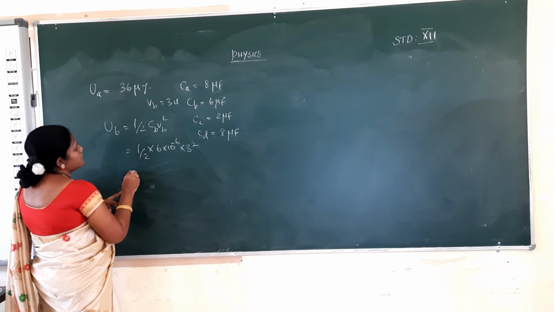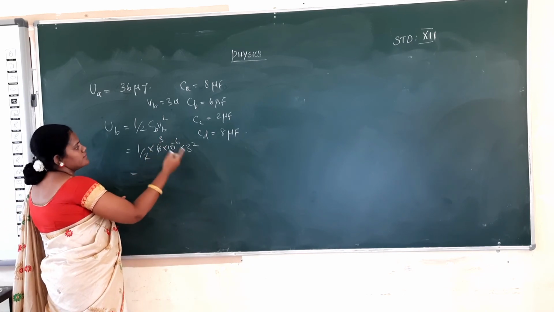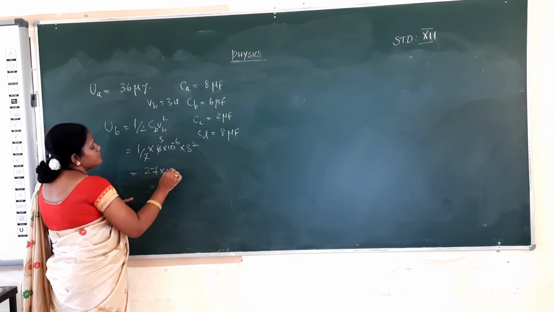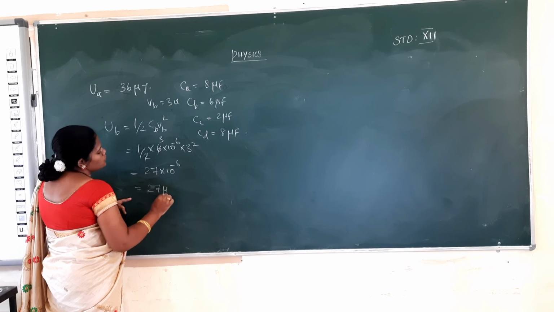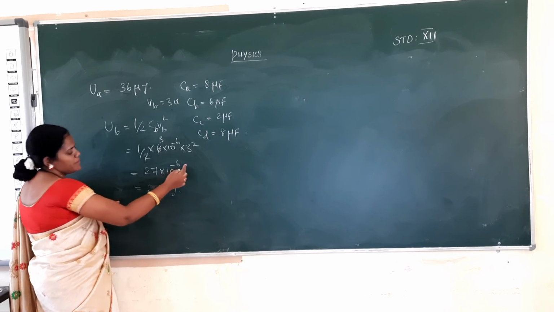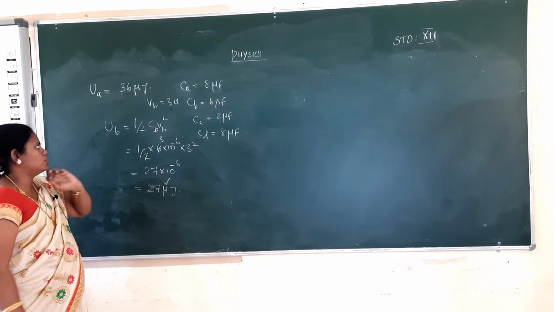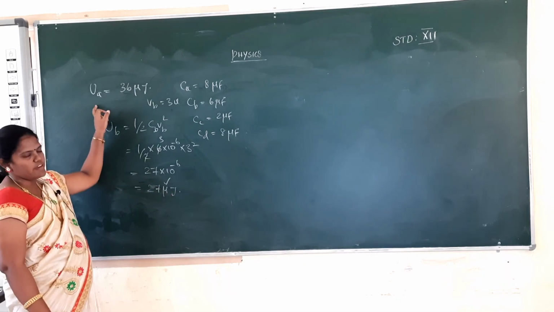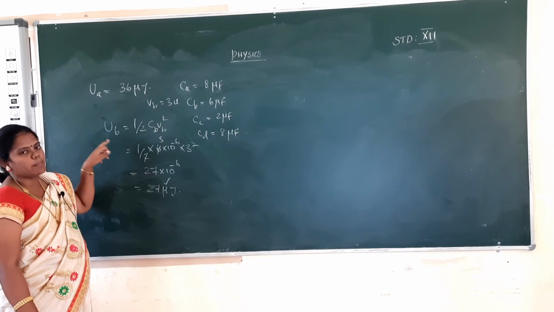Cancel, and 3 square is 9. 9 threes are 27. So 27 into 10 power minus 6, which is 27 microjoule. Micro is 10 power minus 6 and the unit for energy is joule. So UB is the energy stored in capacitor B.